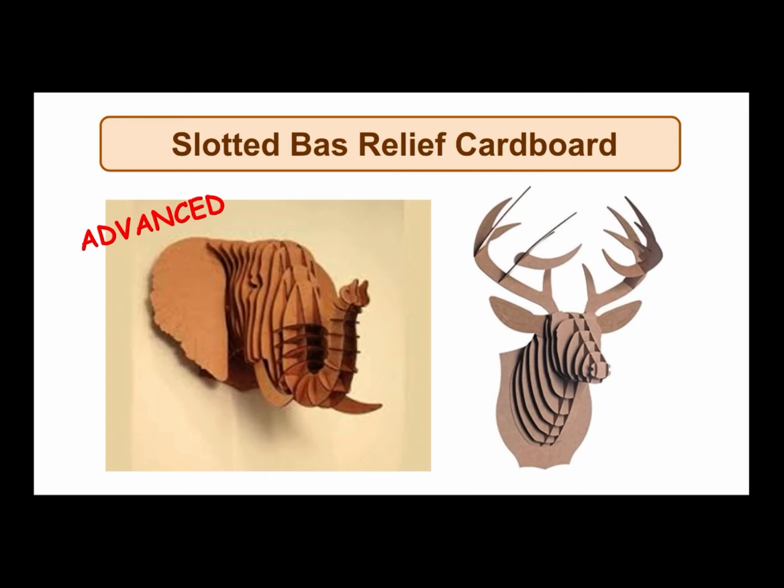They go right down the nose and then up to the forehead, and everything else is kind of a round shape, or even the tusks come out from a vertical shape. You want to slot those so they all fit together. This takes a lot of foresight, and so that's an option of something you might want to do. Again, we have architecture, chairs, and bas relief you can choose from to do this assignment.